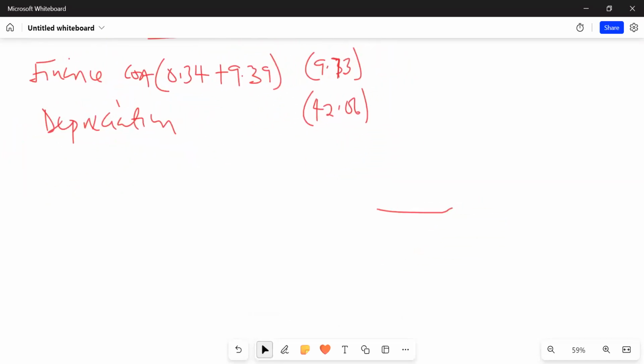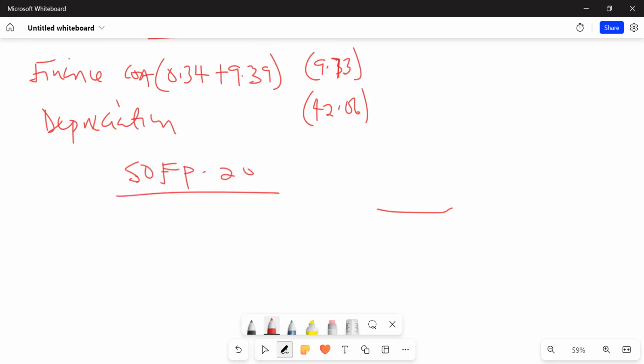Let's come to the statement of financial position extracts. The company is going to recognize an asset, which will be a non-current asset named right of use, and that will be the initial value of the asset minus the depreciation.